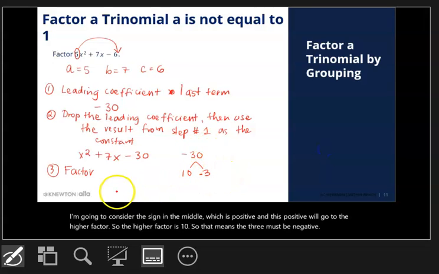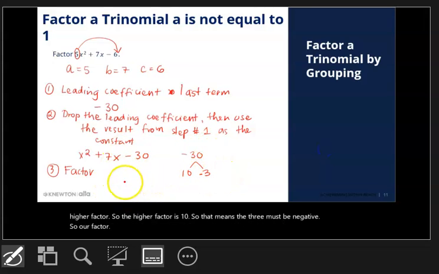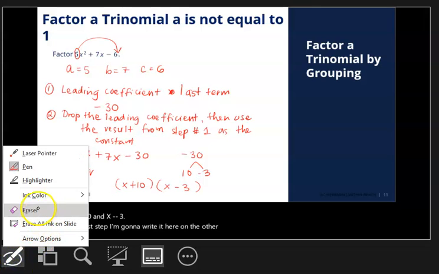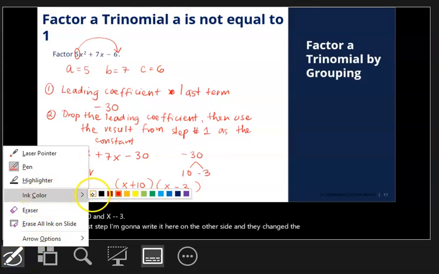So our factors would be x plus 10 and x minus 3. The last step, I'm going to write it here on the other side. I'm going to change the ink to yellow so that you can see it.